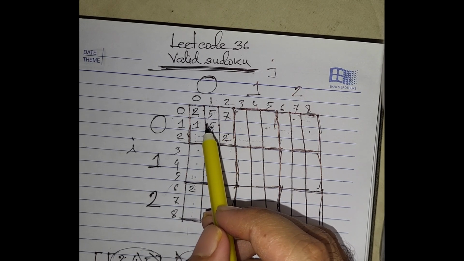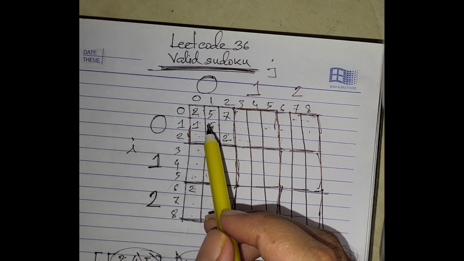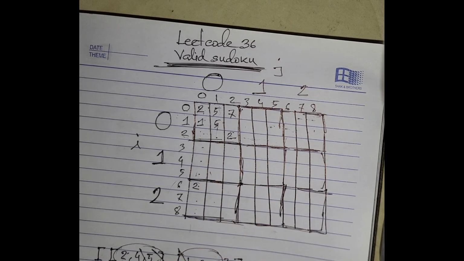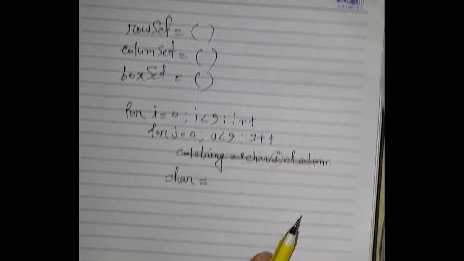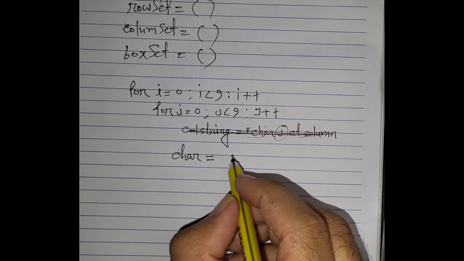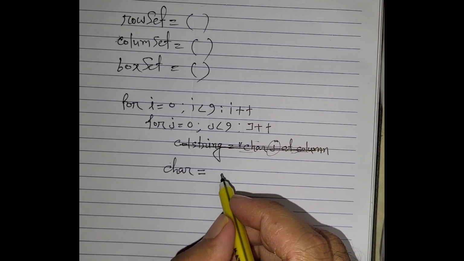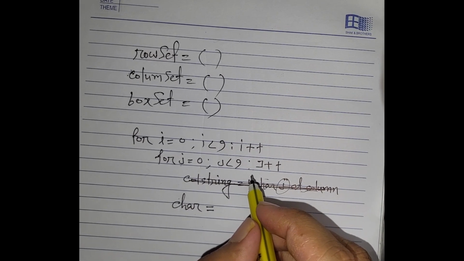I'll show you the code from my computer later, but for now, try to understand it with pen and paper. Okay? So, hopefully you understood what I have just said. If our variable name is board, and what I mean by variable is all our input values, if that is given to us in a variable called board.